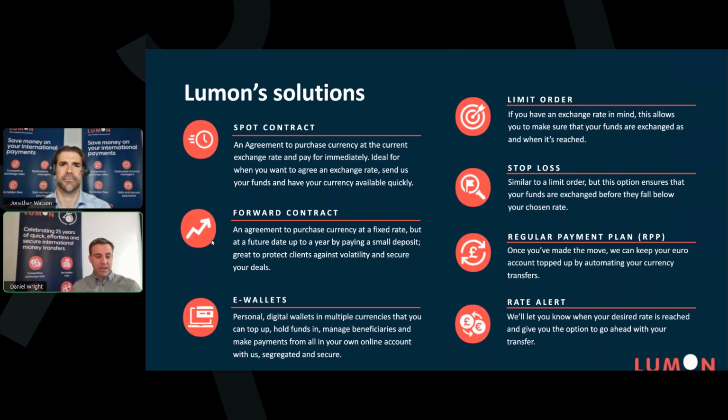If you're concerned around that, but you've just committed to buy a property, that forward contract option can really come into play, where you could lock into a rate for anything up to a year in advance. You pay a small deposit, but you just know exactly how much those euros, for example, are going to cost you in pounds and pence. So no matter what happens to the market in the coming months, you have secured your rate. You know that your property, which is worth 300,000 euros, is costing you exactly X amount in pounds.